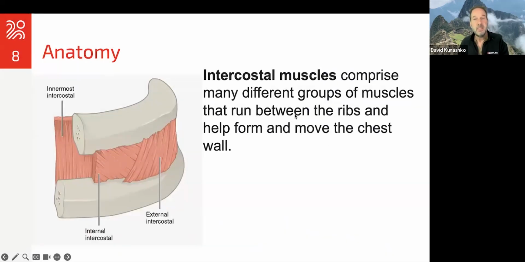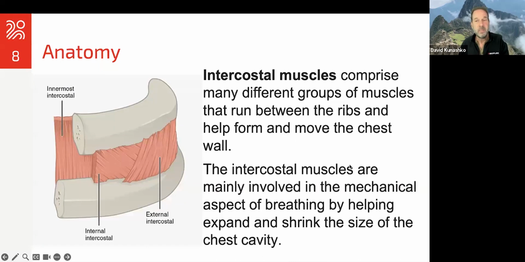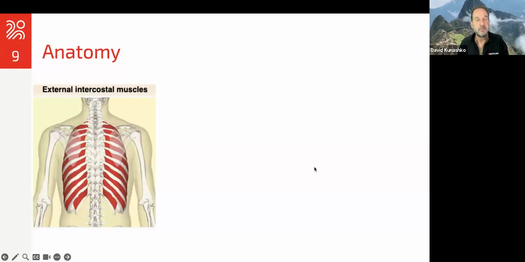Intercostal muscles comprise several different groups of muscles that run between the ribs, essentially to help form and move the chest wall as well. These muscles are mainly involved in the mechanical aspect of breathing by helping expand and shrink the size of the chest cavity.